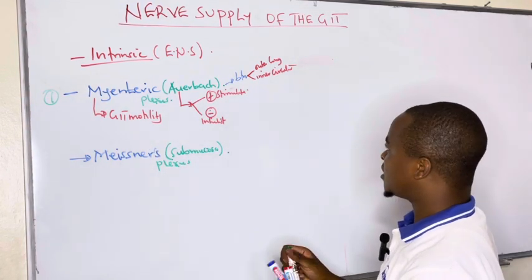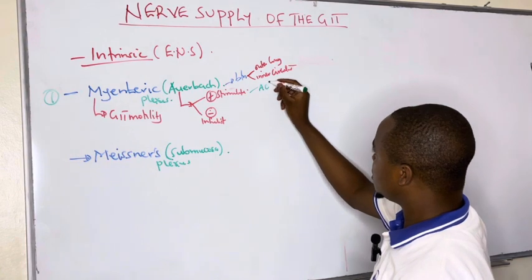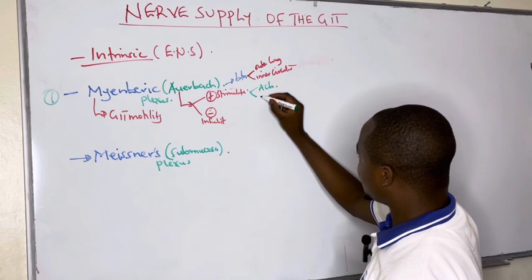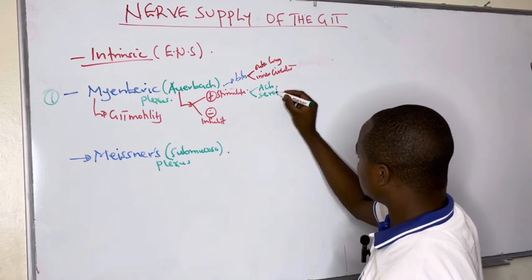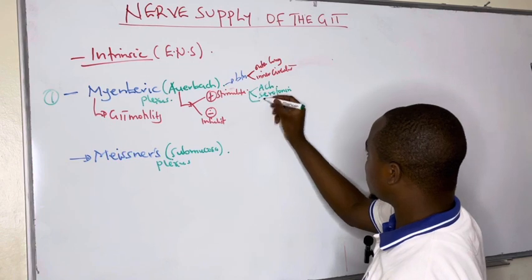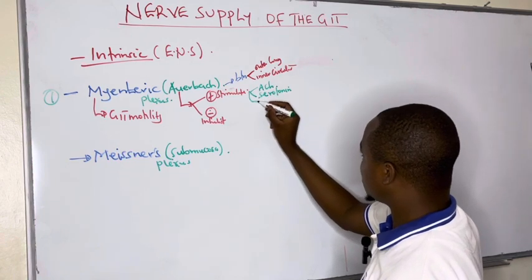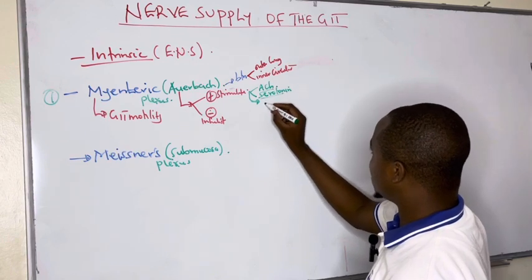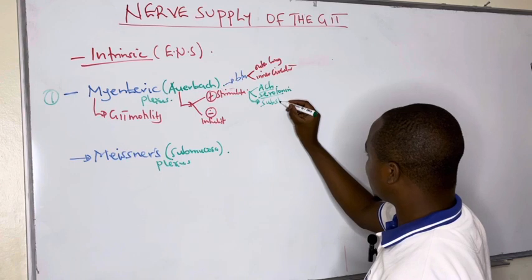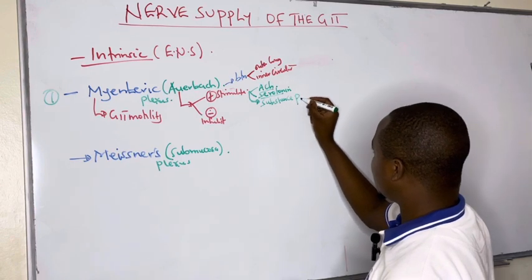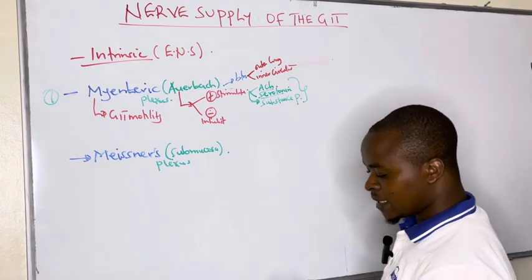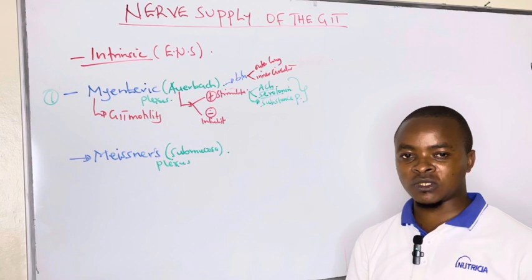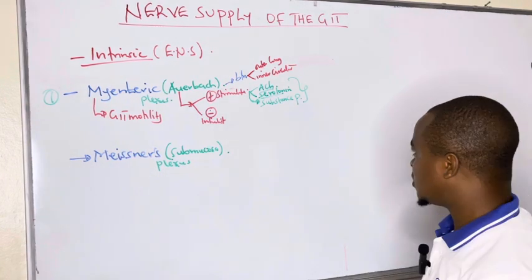Examples we have like acetylcholine, serotonin, and substance P. So these three stimulate GIT movements, whereby they lead to contractions of these smooth muscles, leading to enhancing GIT motility.